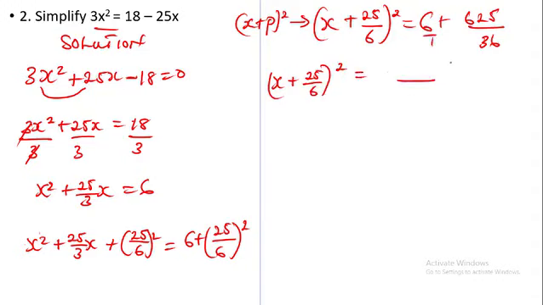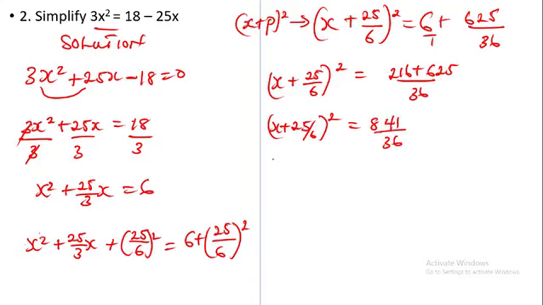Okay, the LCM here is 36. 1 into 36 is 36. 36 times 6 will give us 216, plus 36 into itself is 1 times this, we have 625. Then we have (x + 25/6)² equal to 216 + 625, and that will give us 841 all over 36.